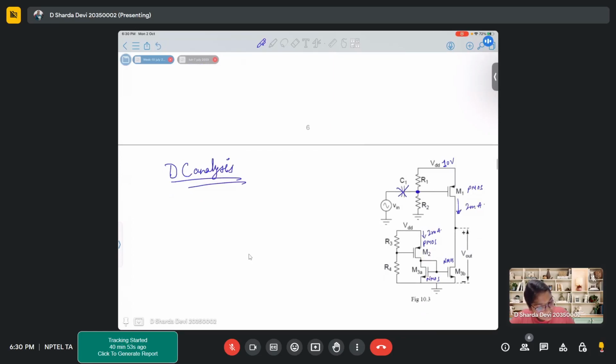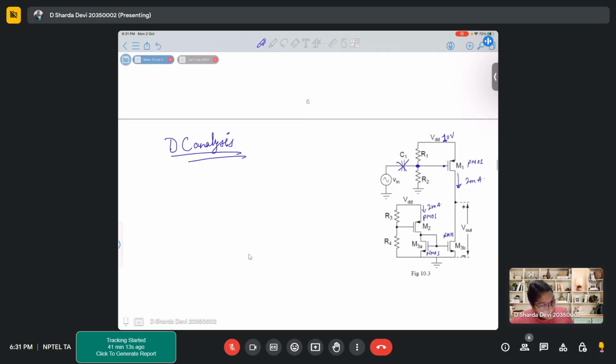And if we have 10 volts over here, your gate voltage for transistor M1 will be determined by these resistances R1 and R2. Also, if you observe very carefully, transistors M1 and M2 are matched, right?